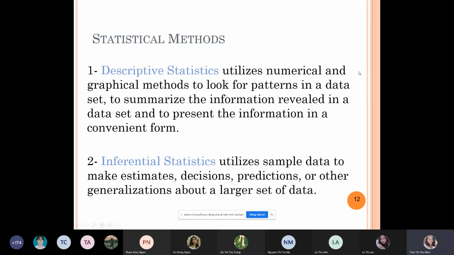And for the second step, very important, inferential statistics utilize sample data, the smaller group data, to make estimates, decisions, predictions, or other generalizations about the larger set of data.